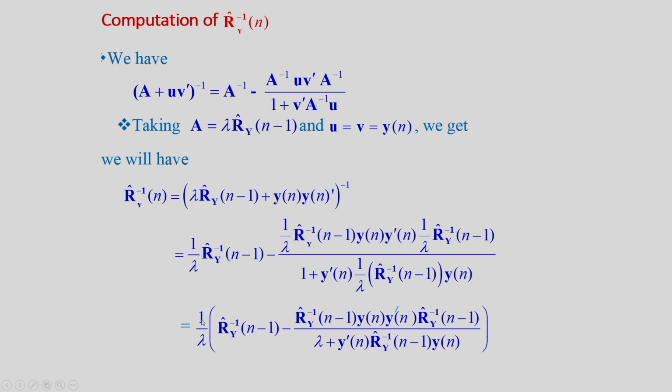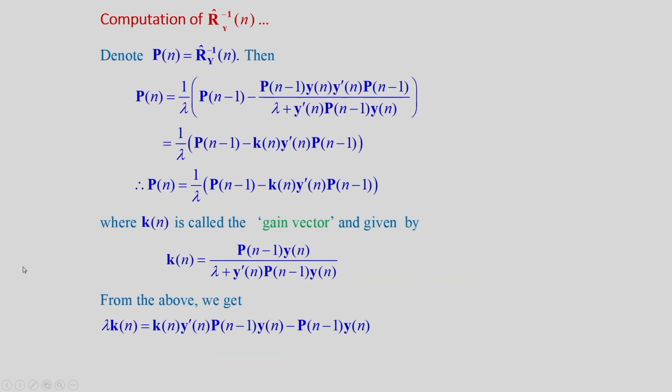So, this is the expression for Ry hat inverse at instant n, which is obtained from the inverse at instant n minus 1, and it is updated using the current data.